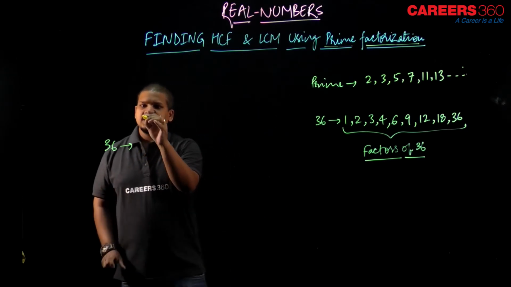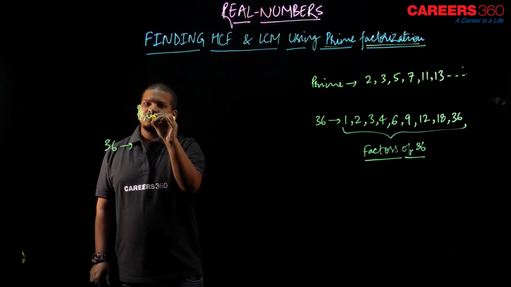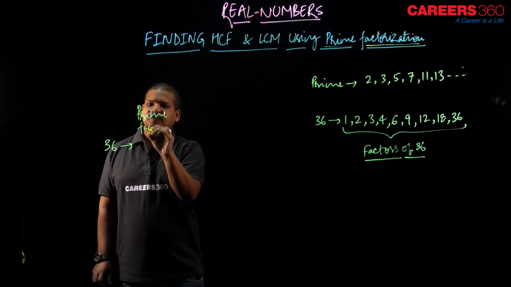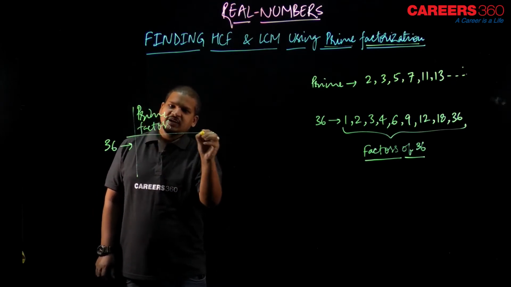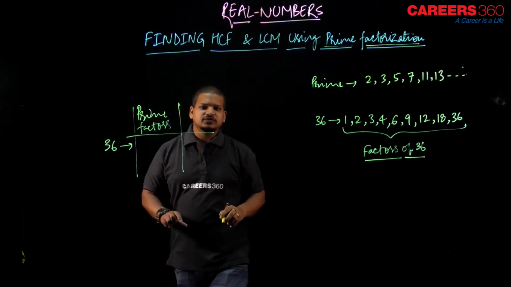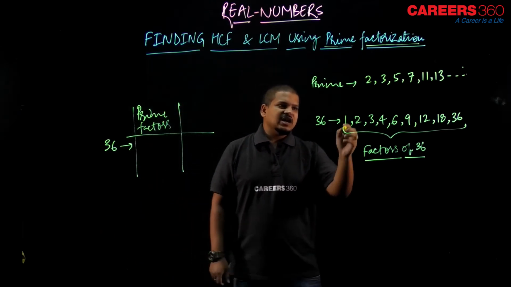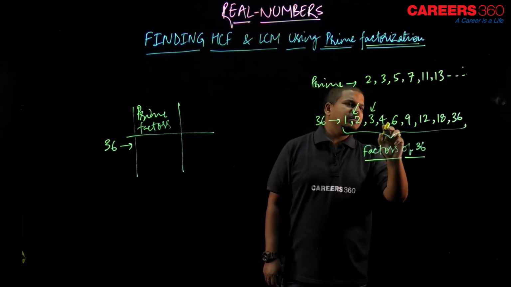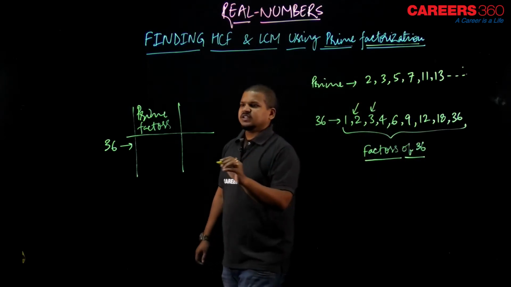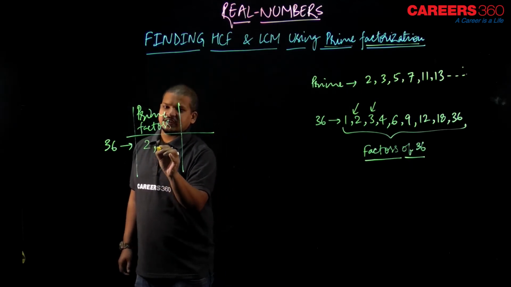So what are the prime factors of 36? Prime factors are, see, 2 is a prime number, 3 is a prime number, so only 2 and 3 are the prime factors, right?